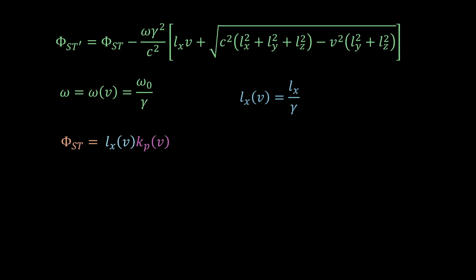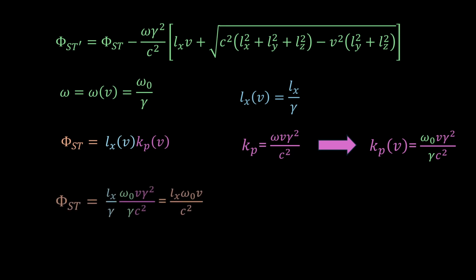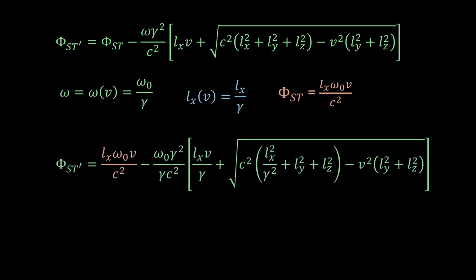And we can calculate phi st using their product as before. Kp includes an omega, which we previously took to be unchanging, but which we must now recognise as changing with v as shown.